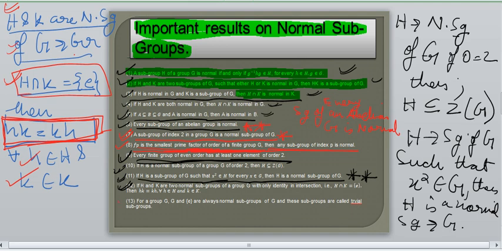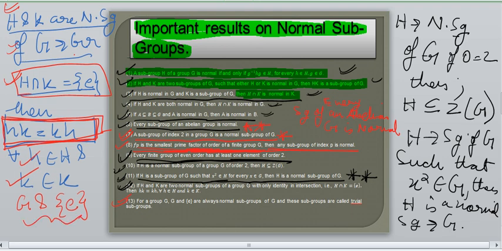Moving on to our last point, students. For a group G, G and E are always normal subgroups of G, where E is the set with the identity element.